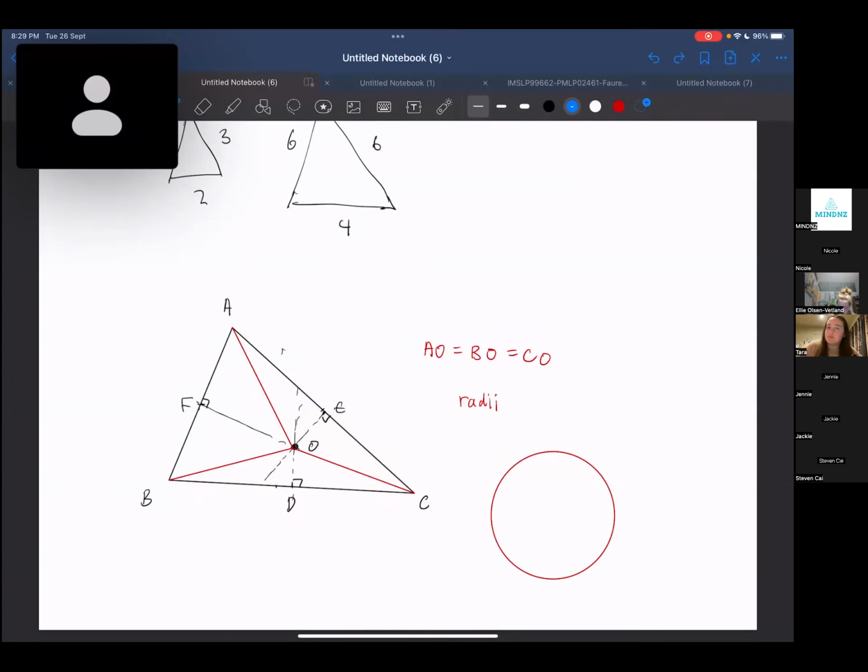But we already know that point O is the center of the circumcircle. So in the middle, we have O. And by definition, this is the circle that passes through the vertices. So suppose we have these points.